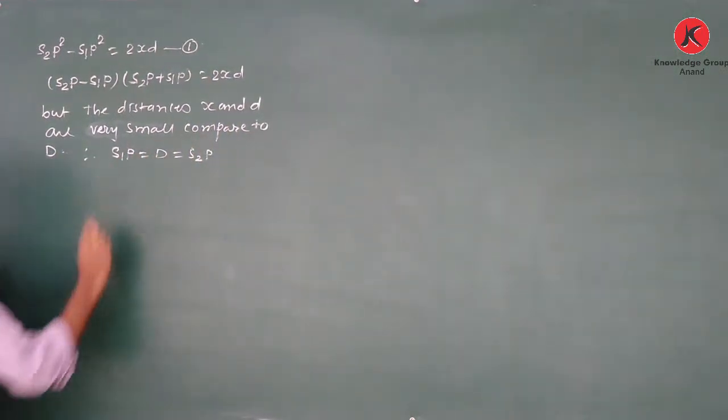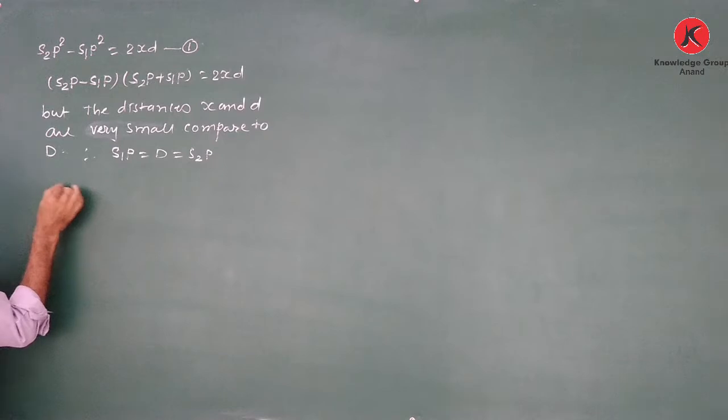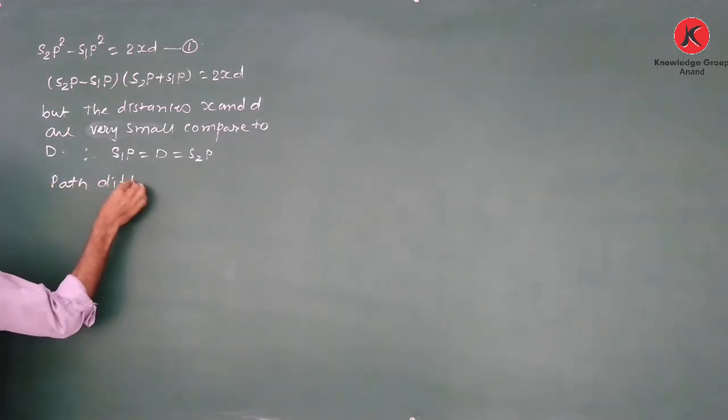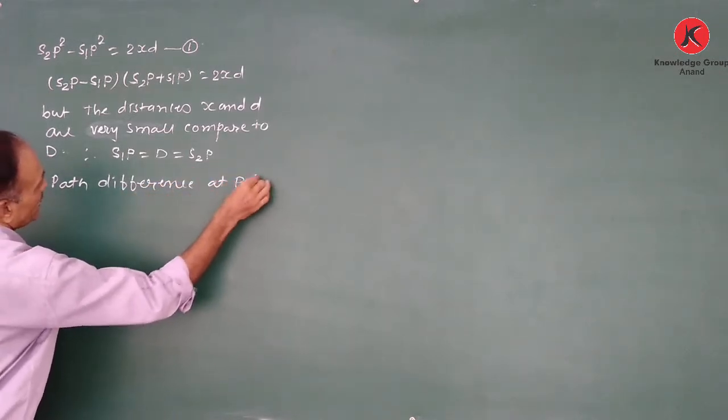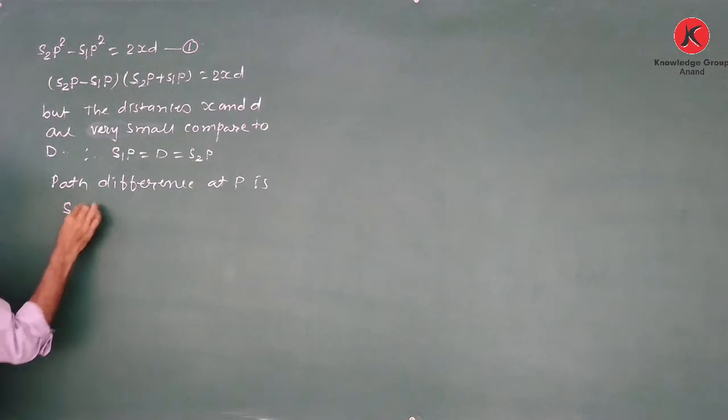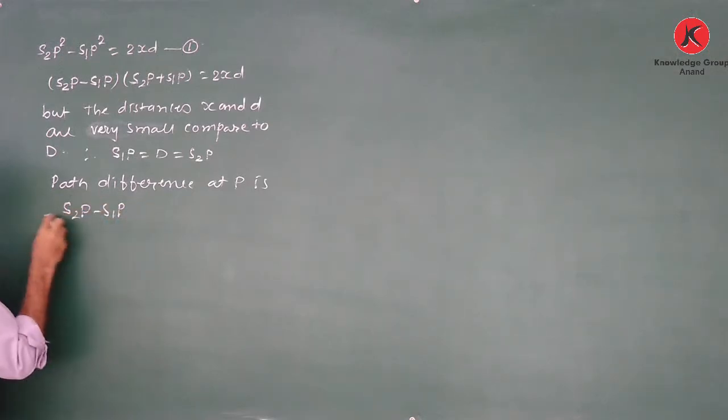Therefore, S1P is equal to S2P is D. Therefore, the path difference at P is S2P minus S1P.